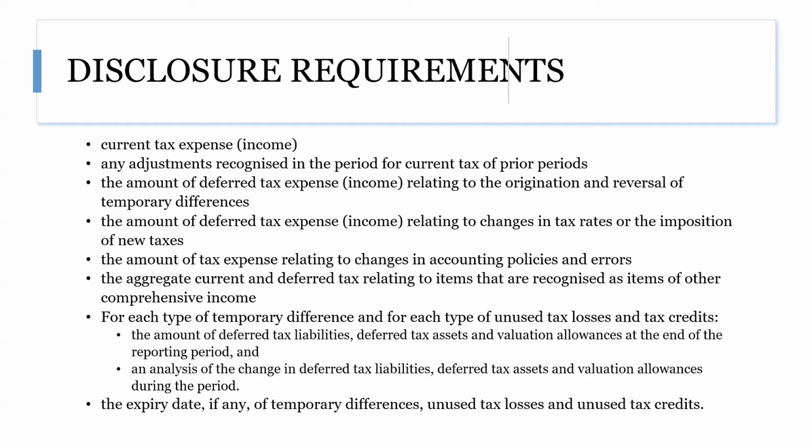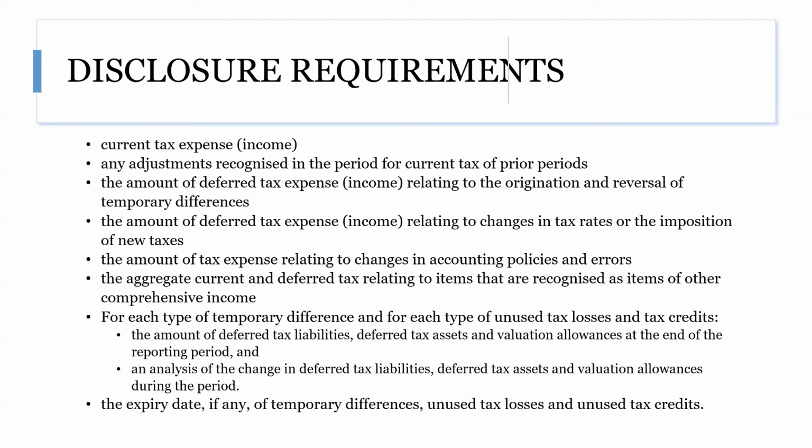For each type of temporary difference and for each type of unused tax losses and tax credits, we disclose yung amount ng deferred tax liabilities, yung deferred tax assets, yung valuation allowances at the end of the reporting period, and an analysis of the change in deferred tax liabilities, tax assets, and valuation allowances during the period.